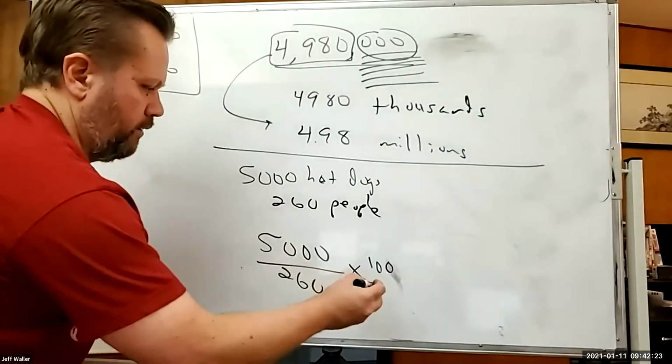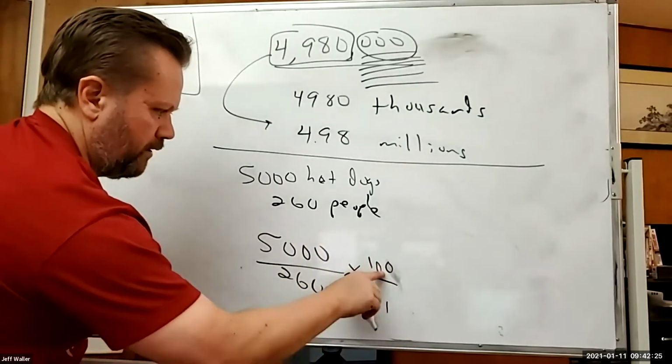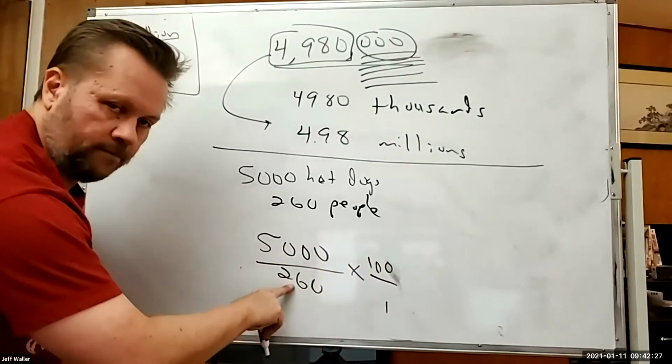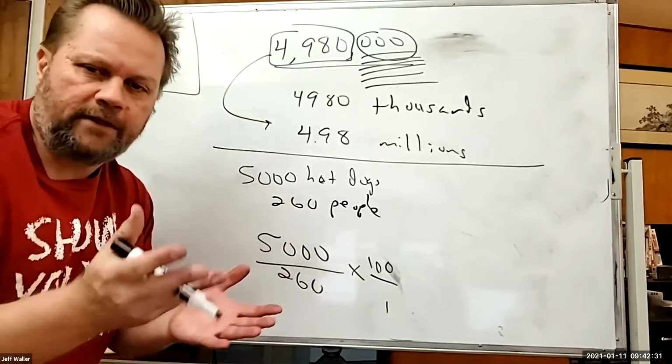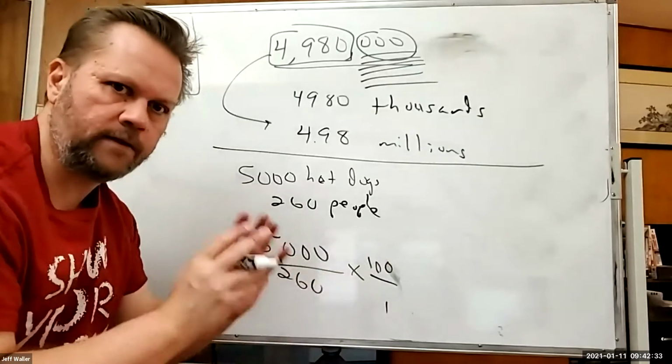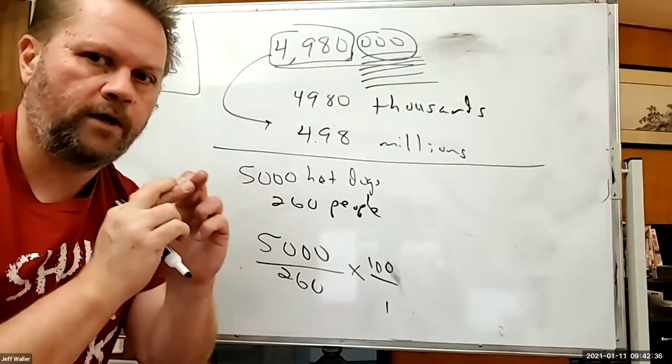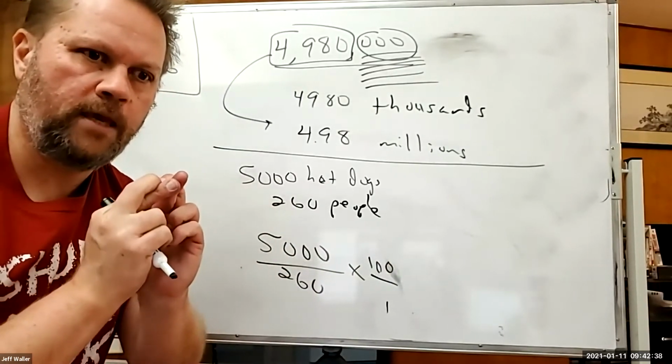If you reduced this and this, you still get 2.6, just like we got earlier. Do you have to see that? No, but I'm just showing you mathematically they're the same.